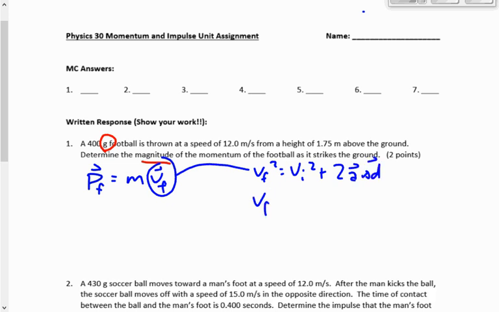We're looking for the value of v_f here. It's the square root of v_i squared. Now, here's the first mistake that people make on this. Some of you will forget to include the v_i tomorrow if you get a question like this. v_i is 12 meters per second. Sometimes it's just dropped, and if it's just dropped, v_i is 0. But if it's thrown, then v_i is something, in this case 12 meters per second.